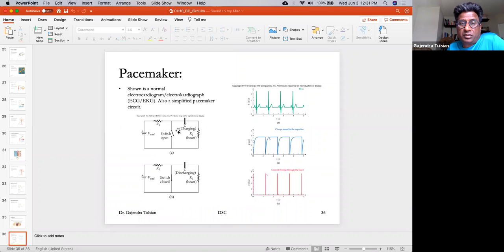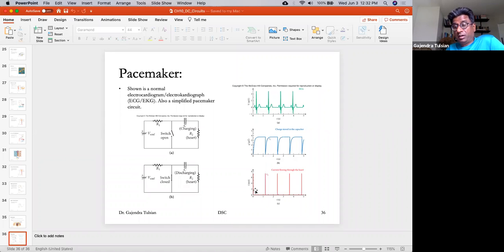It gives you a shock at the right instant. With the switch open, the capacitor charges, and once it's charged, you close the switch and discharge it through the heart at the right time. This is the current going through the heart. When the capacitor discharges, you have a spike in current, which makes the chamber contract at the right time.